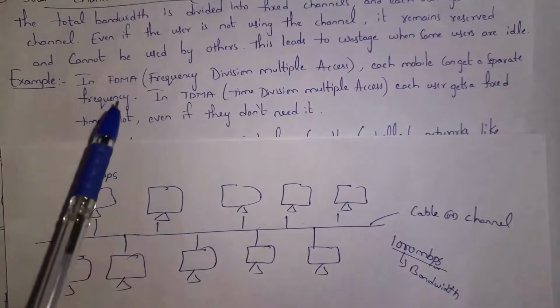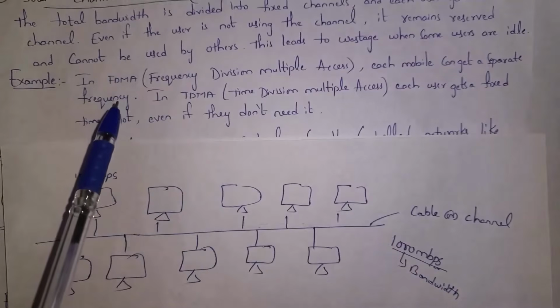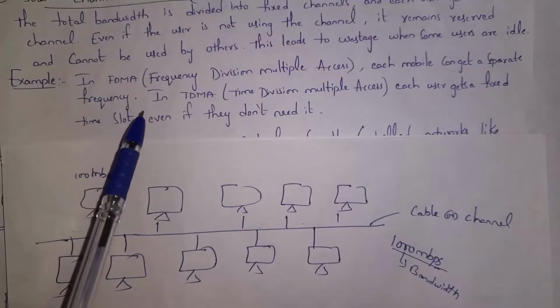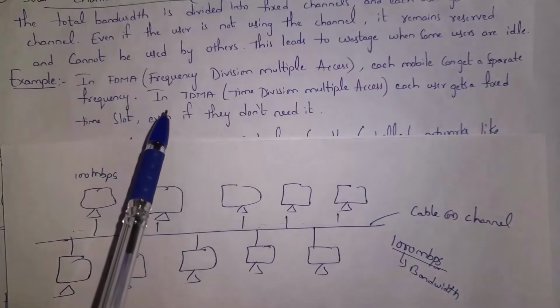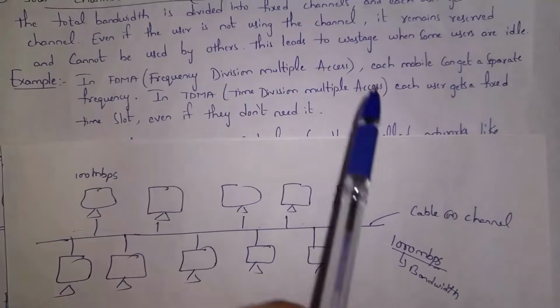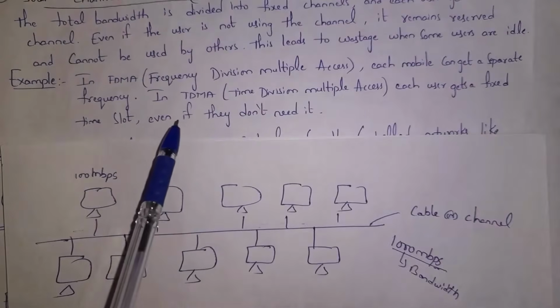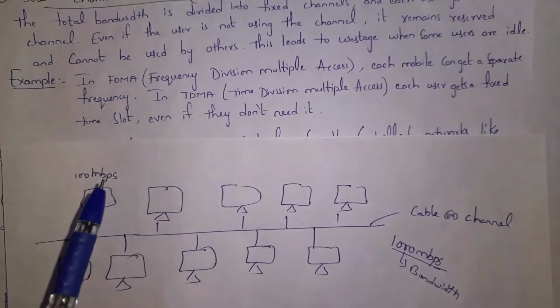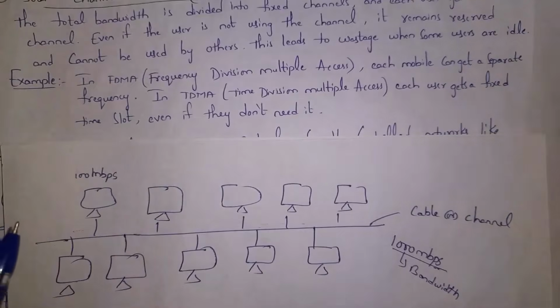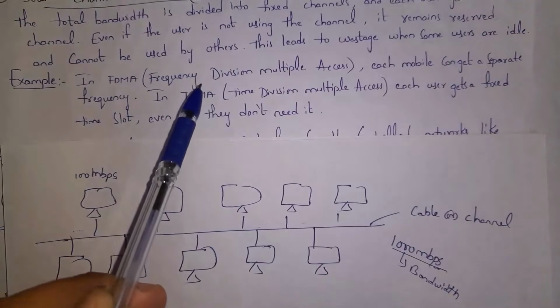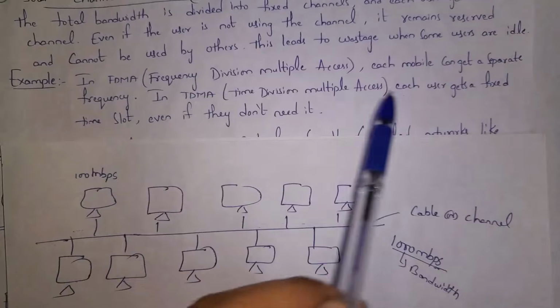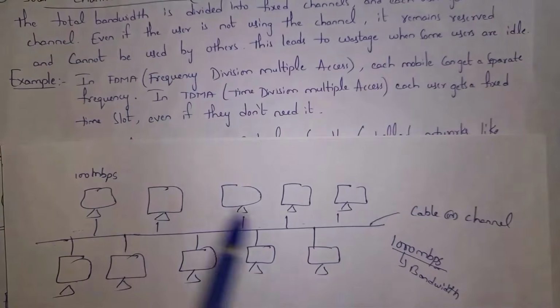For example, consider FDMA, where FDMA stands for frequency division multiple access. The name itself says frequency division. So the entire frequency is divided into smaller frequencies and each user will get one small frequency. In that small frequency, users can communicate. Whereas TDMA stands for time division multiple access. The name itself says time division.